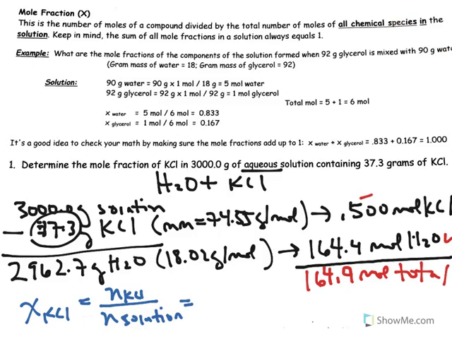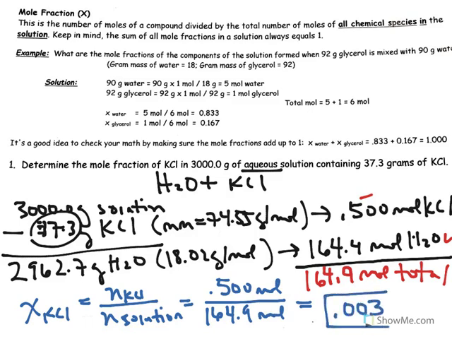So the moles of KCl we found is 0.500 moles divided by the total moles of the solution, 164.9 moles. And that means whenever you do that division, our final answer is 0.003. So the mole fraction of KCl is 0.003.